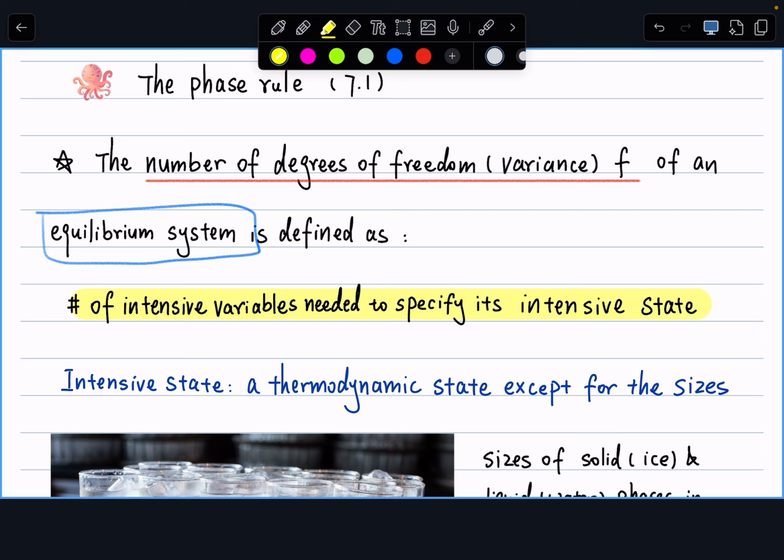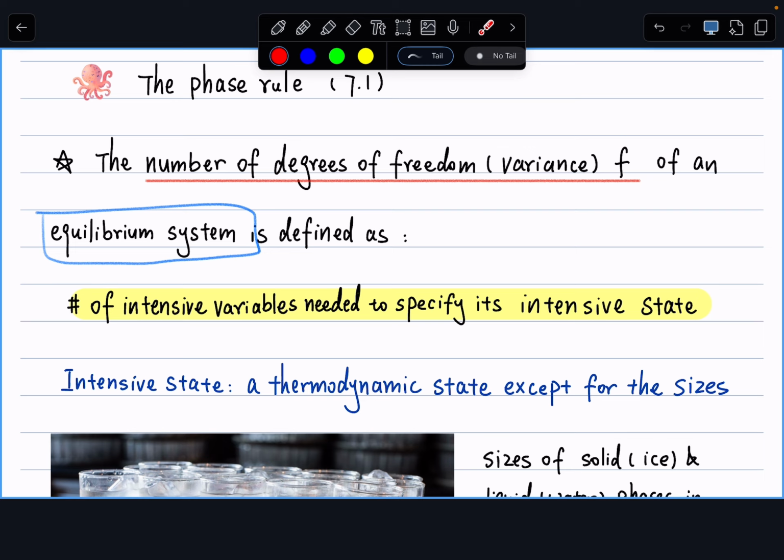When we're saying intensive state, we're saying that is a thermodynamic state that's not affected by the size of the system. So it's a little like the intensive properties, right? This degree of freedom is specifying how many intensive variables like pressure, temperature, mole fraction, chemical potential we need to specify an intensive state.